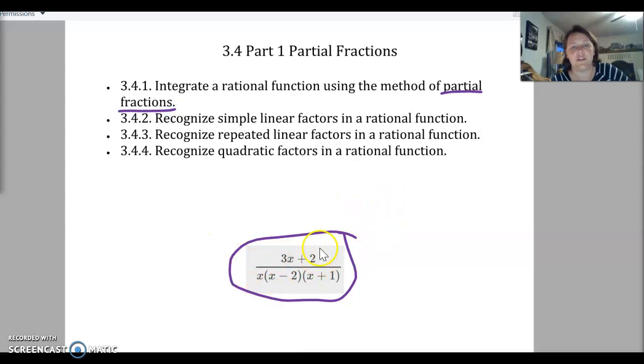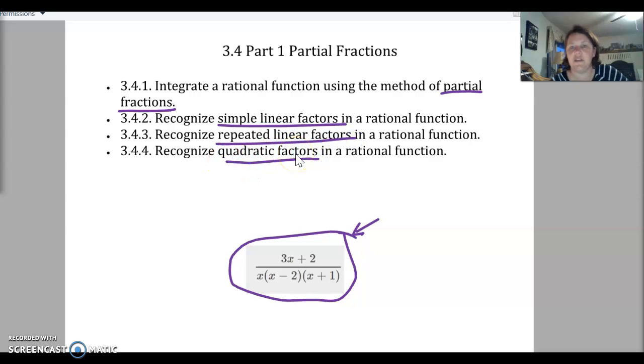Within these partial fractions, we need to be able to recognize three types of rational functions, okay? A rational function just means that it's a fraction with multiple functions within it, two or more. So we need to be able to recognize simple linear factors, repeated linear factors, and quadratic factors.